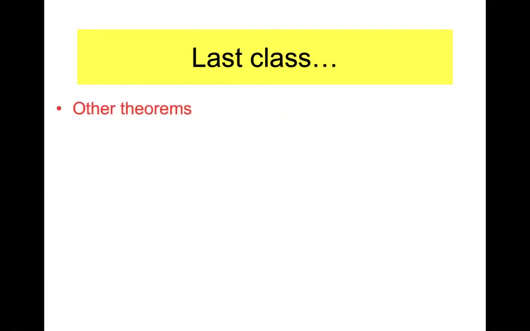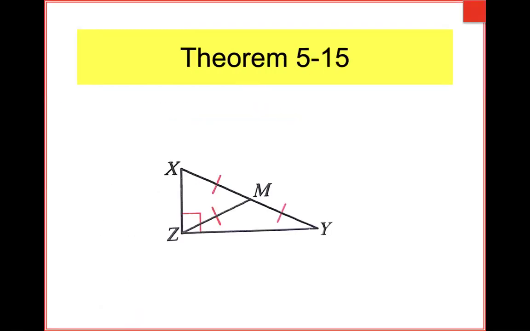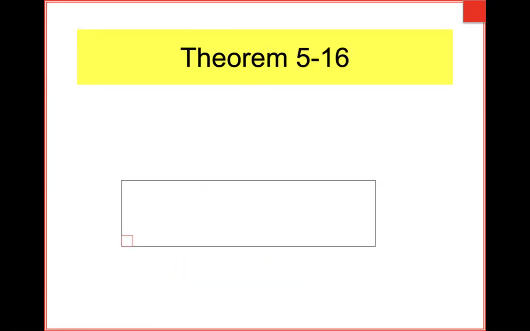Okay. There were a couple of those other theorems. This is the one that you need to remember mostly. The one that's used the most in our book is that if you have a right triangle and you have a segment that goes from the right angle of a right triangle to the midpoint of the hypotenuse, the opposite side, it makes three congruent parts, ZM, XM, and YM. Okay.